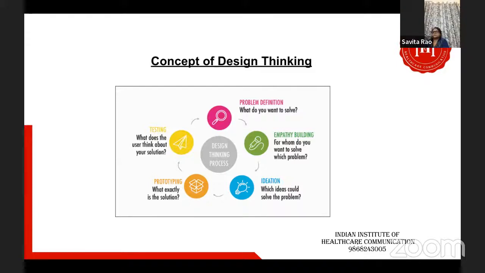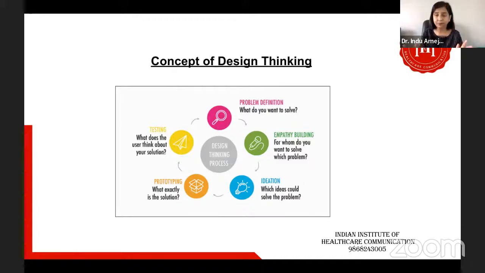Then you will evaluate each idea, looking at the plus and the minus, the advantages and disadvantages and the utility of each idea, and you will come up with a solution.